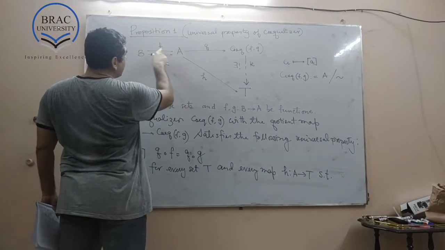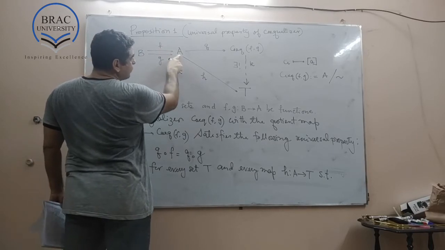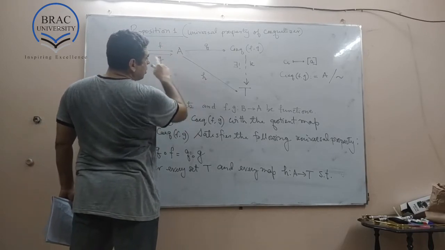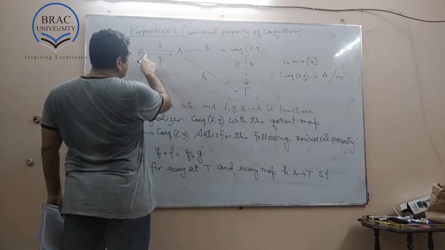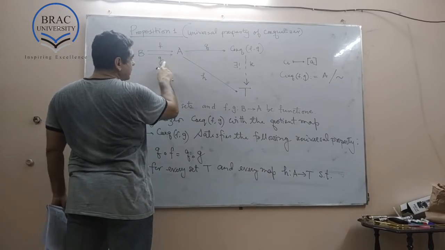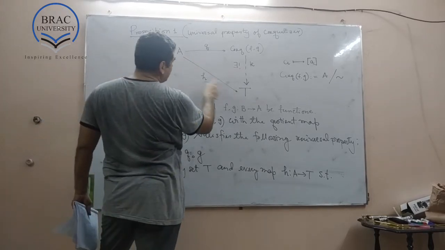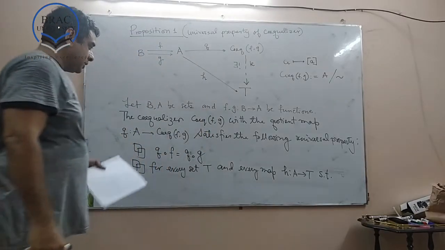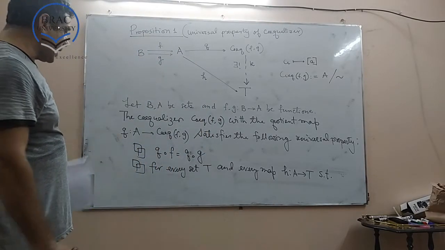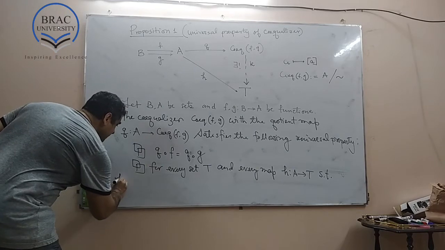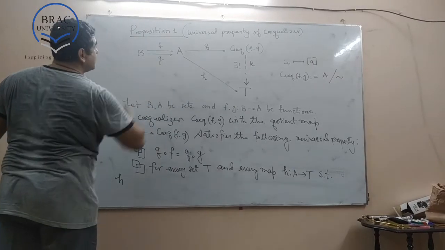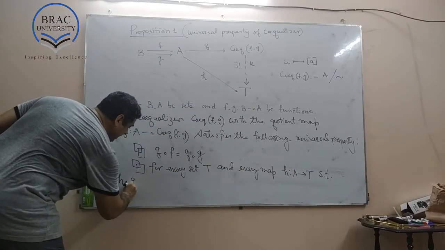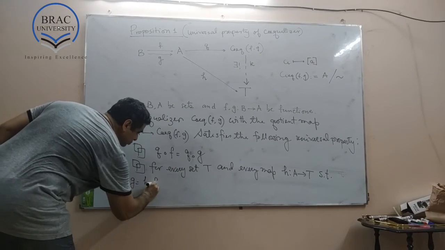First go from B to A via f, and then from A to T via H. Or you can take another route. First go from B to A via g, and then go from A to T via H. The result should be the same, meaning that H composed with g should be the same as H composed with f.